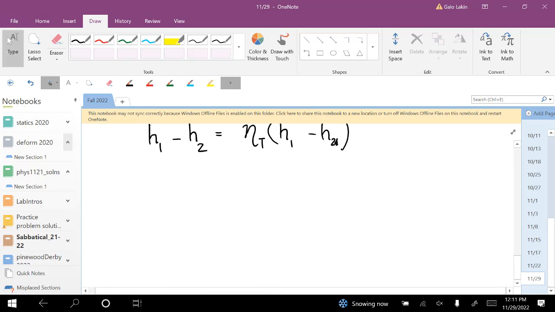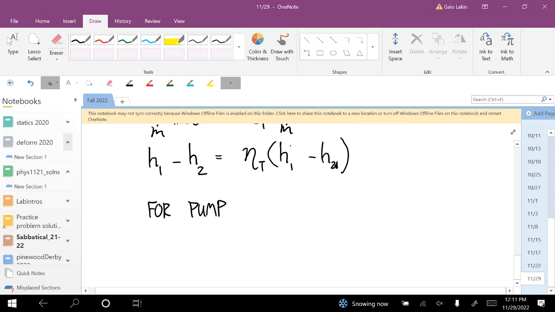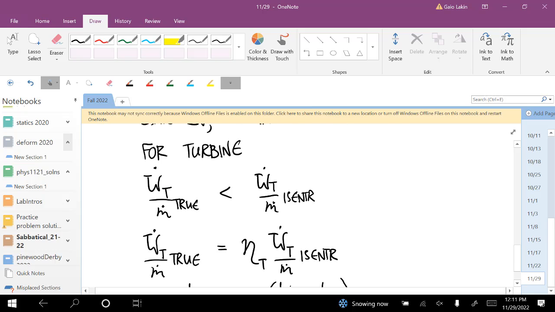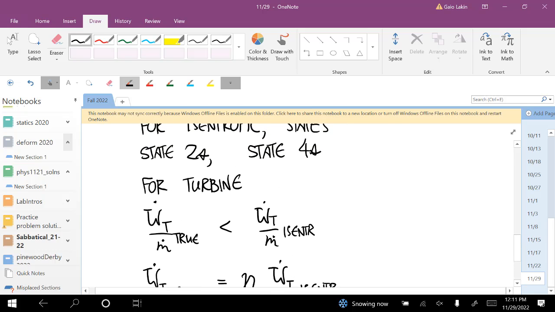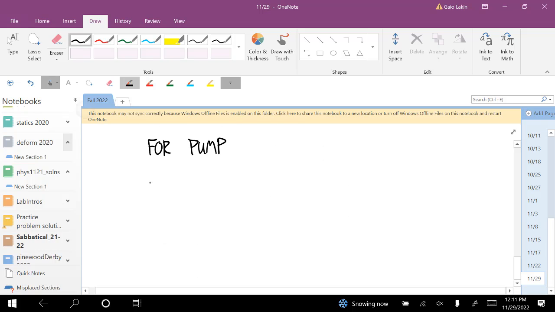You can do the same thing for the pump. For the pump, since you're adding that work at the pump, inefficiency increases the work that needs to be done by the pump. So in this case, we have a switched relationship. This time, the work done in the ideal case is going to be less than the work for the true case.